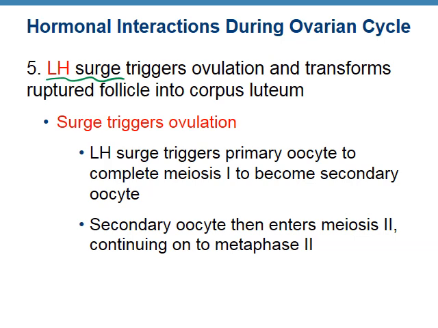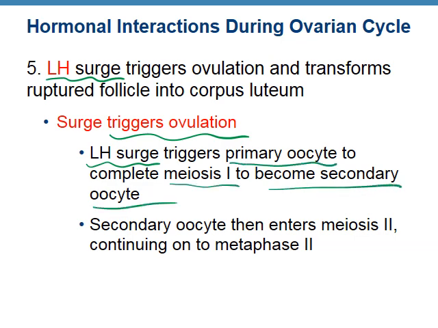Now we move on to step 5. The LH surge is going to trigger ovulation. This LH surge also triggers the primary oocyte to complete meiosis 1 to become a secondary oocyte. So remember that primary oocyte is what's growing into the large follicle.